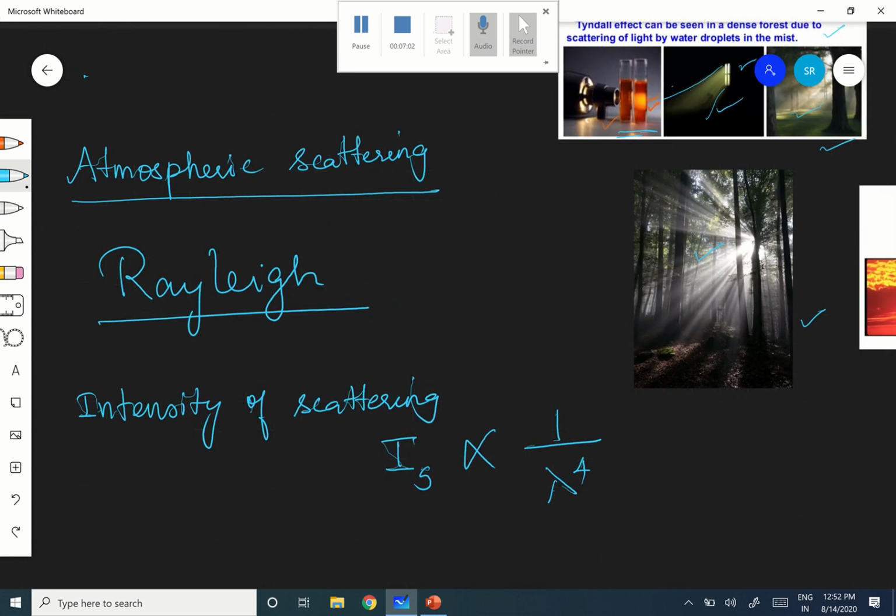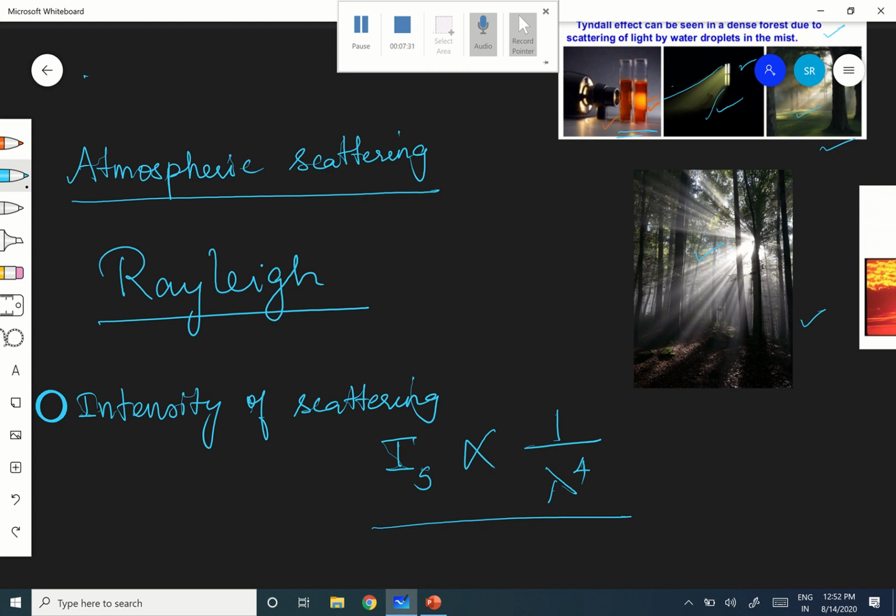Very, very important. That is number one. It was given by Rayleigh. Therefore, intensity of scattering is inversely proportional to the fourth power of the wavelength of the light.